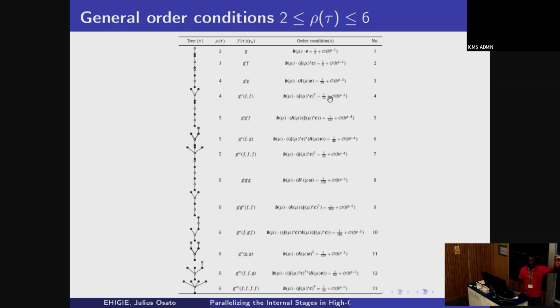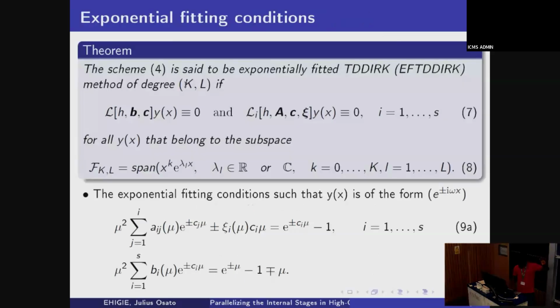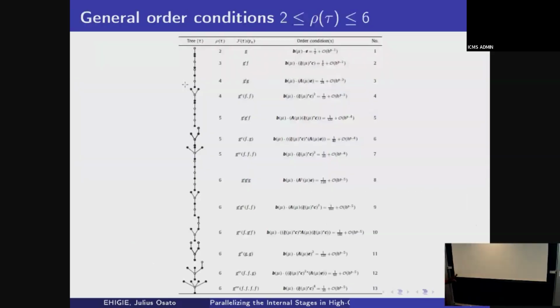And for these order conditions, we had to get new rooted trees, because the actual rooted tree theory by Butcher could not capture this.